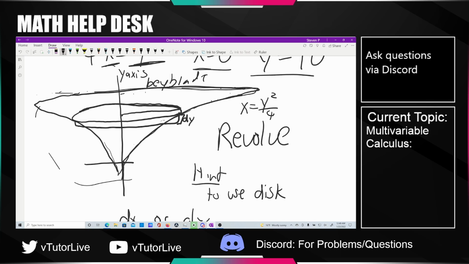It's this giant Beyblade, and that's what we're trying to find the volume of. To do that, calculus lets us approximate it by breaking it up into a ton of tiny little cylinders. These cylinders can have varying radii. But the idea is that if we add up a bunch of these things, we start to get a decent approximation for the volume. You see what I mean?